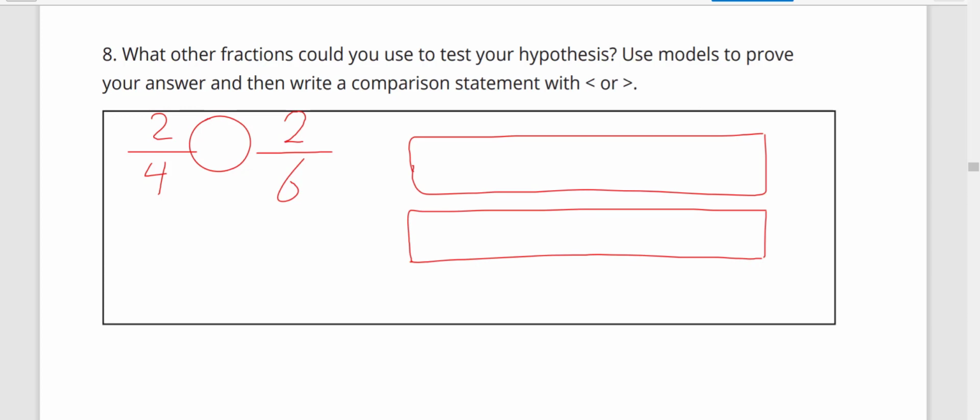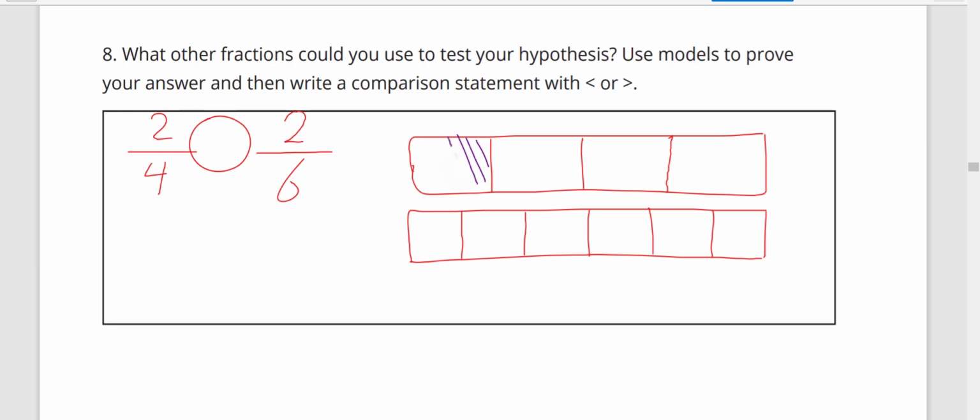First model divided into 4 equal parts like this, and second model divided into 6 equal parts like this. First model, shade 2 parts.